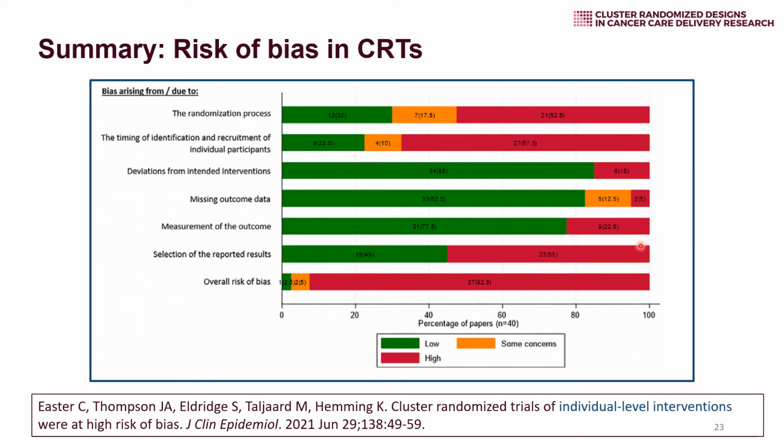So they often don't publish their trial protocol, they might not register their trial on a trial registration database, or they don't clearly specify a primary or set of key outcomes. And so overall, a large majority of cluster randomized trials of individual level interventions turn out to be at high risk of bias. And it's this type of bias that we really want to prevent.